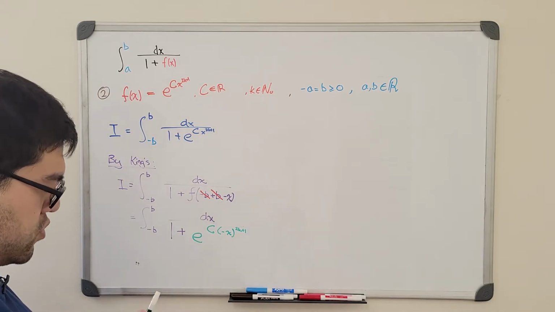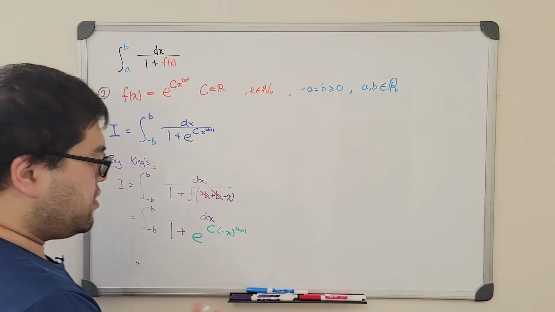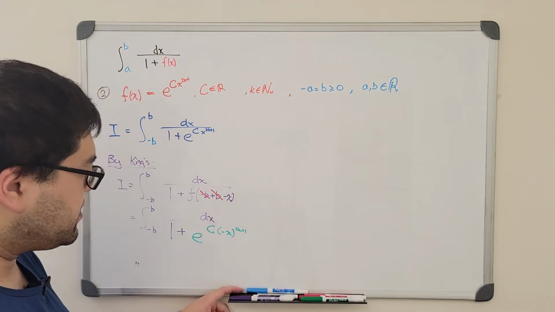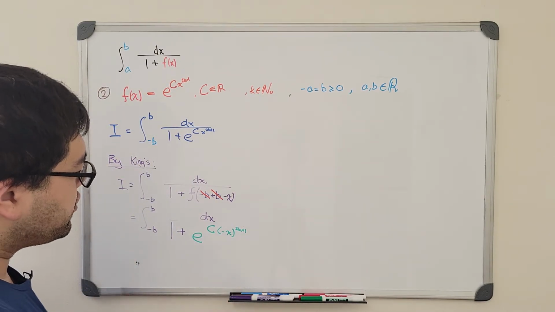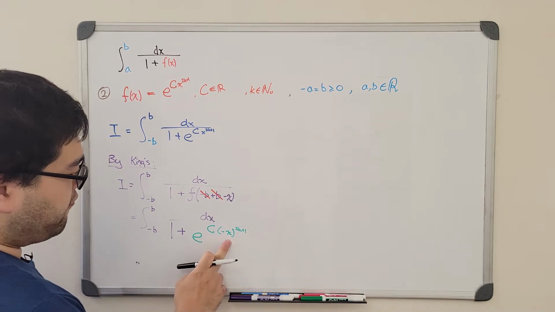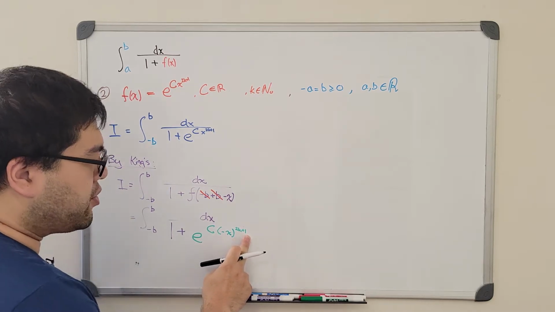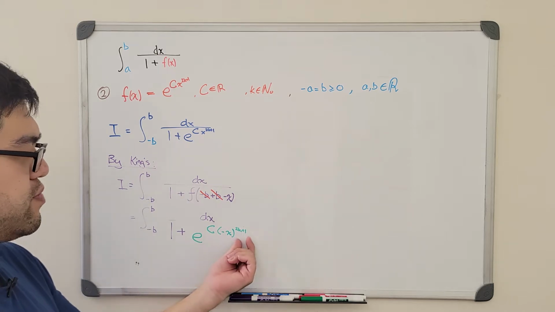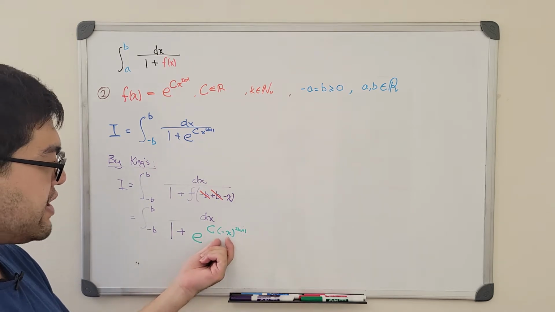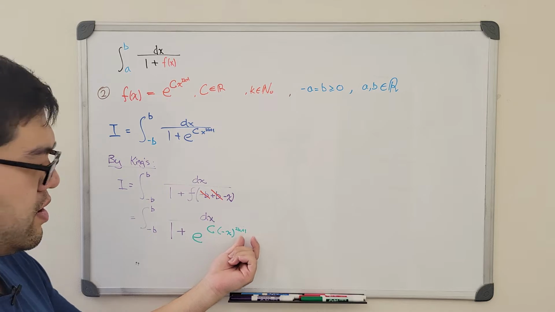So once we have that, let's notice that here we have x to the 2k plus 1 power, meaning that the exponent of x is always an odd number.